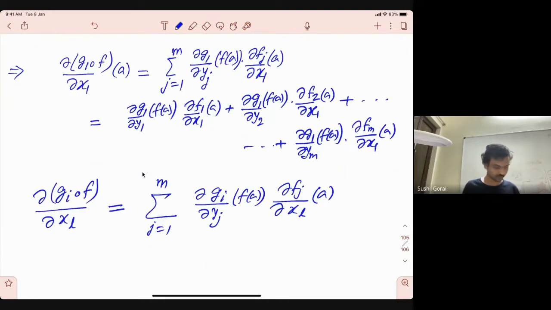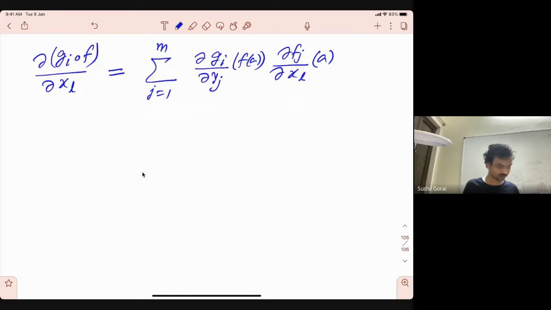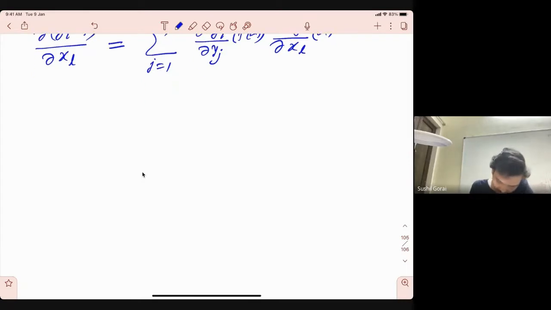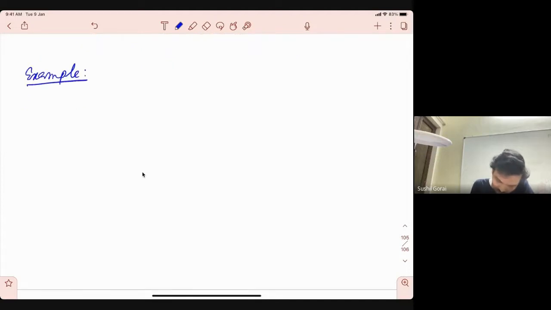Okay, so first thing is something like this. Let's look at the following example. Let's look at a map into R2.